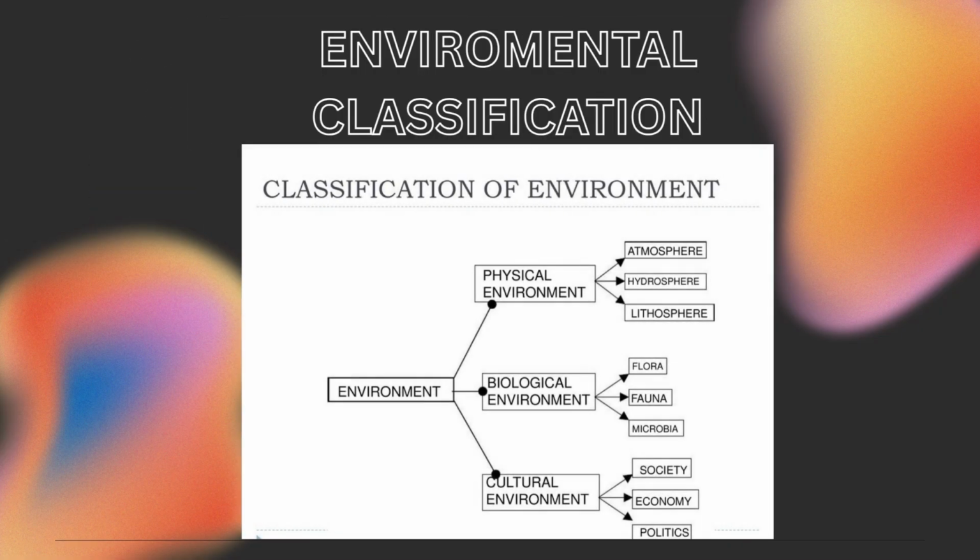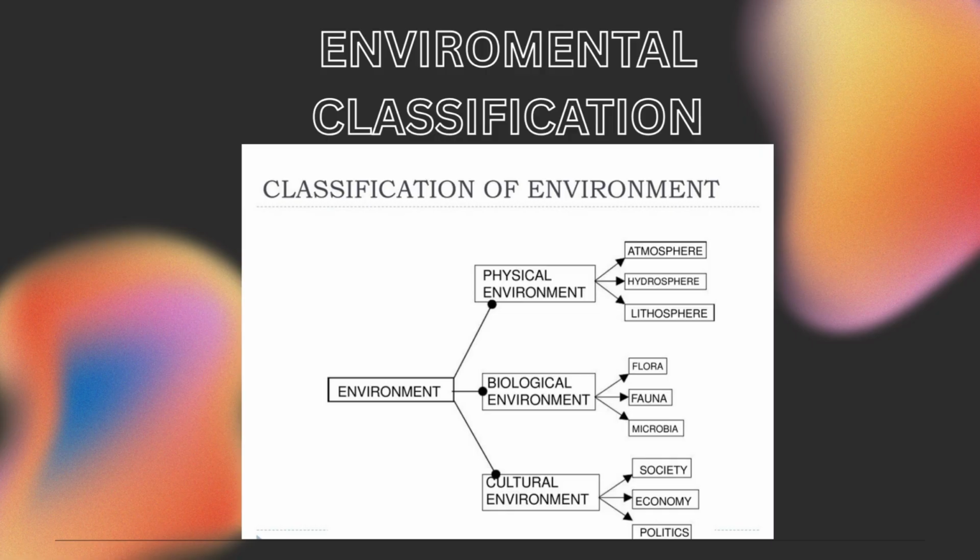The classification of environment can be broadly categorized into three main types: physical environment, biological environment, and human environment. Each category represents different aspects of the world around us and how they interact to support life and development.